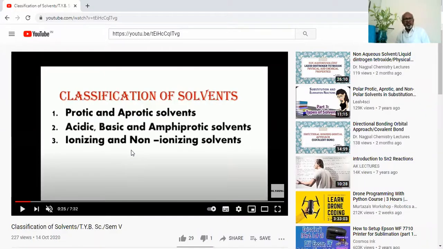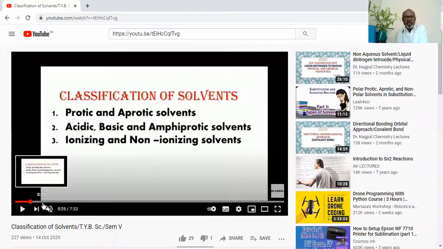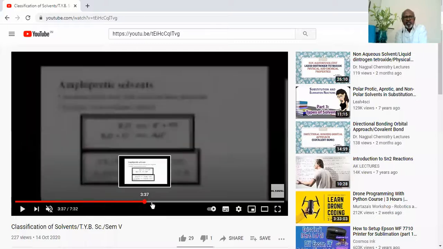The acidic, basic and amphiprotic solvents: acidic solvents are those which dissociate and furnish H plus ions, basic solvents are those which can accept the proton, and amphiprotic solvents are those which behave as an acidic solvent as well as a basic solvent. That means these solvents sometimes behave as acidic and sometimes as basic.